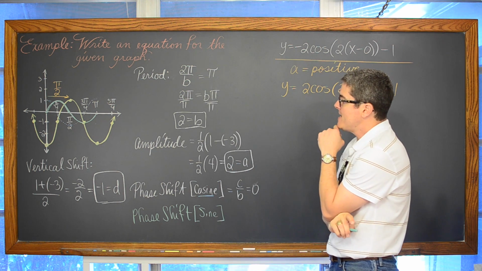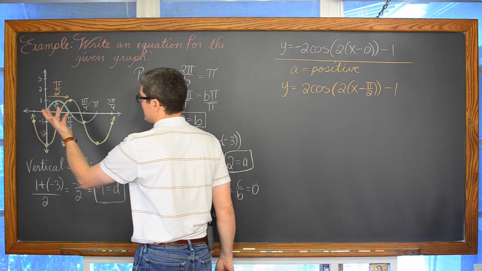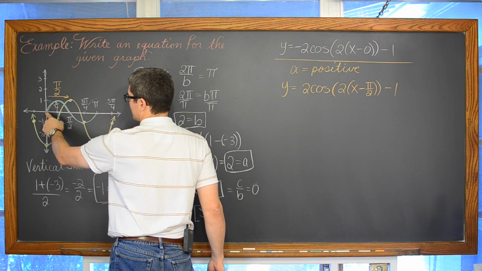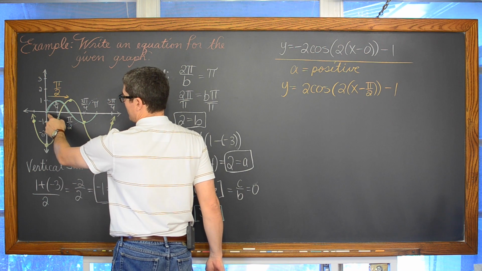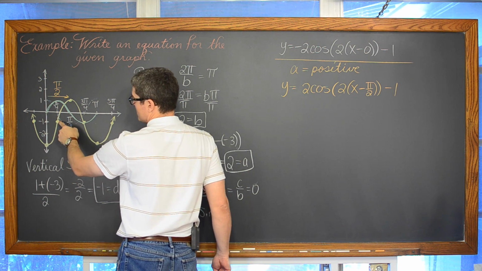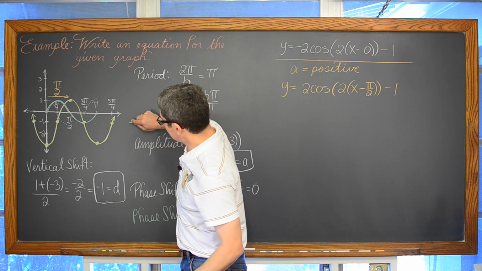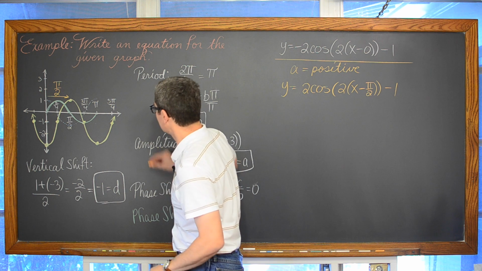So this is what the sine function would look like if all you did was change the period to pi. Now, with the sine function, there's a few things you can focus on. I think you could think of the 0, 0, and I've tried to draw this pretty neatly. We've moved to the right pi over 4 to get that center point to match up with the center point of the given graph.